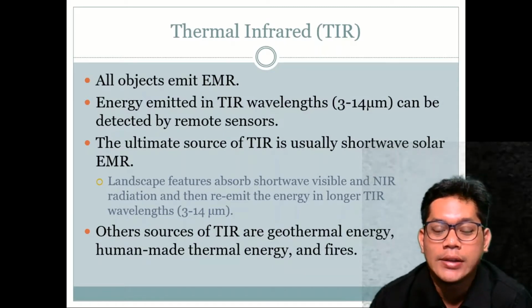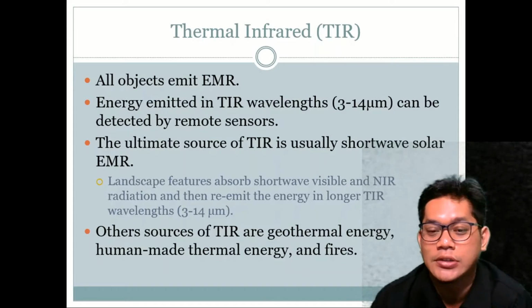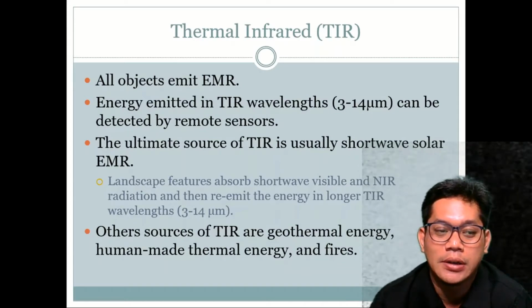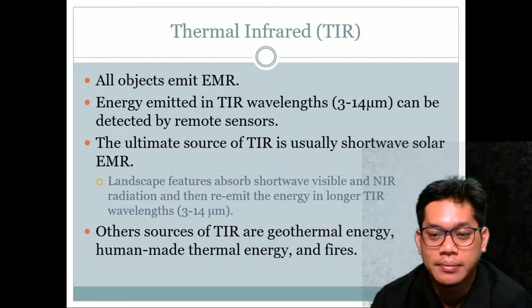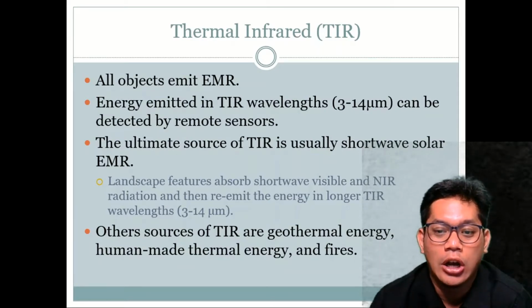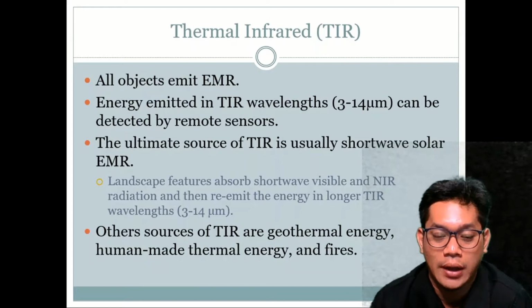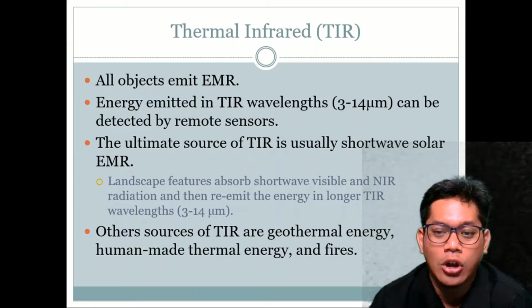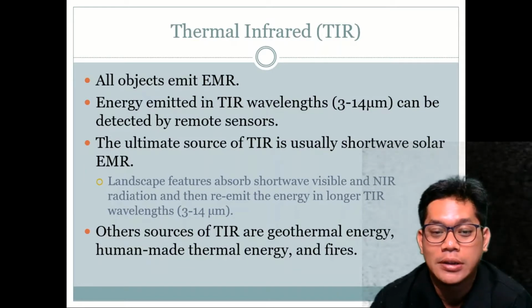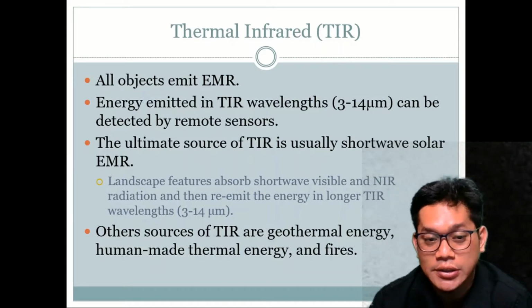The landscape will absorb the shortwave visible and near infrared radiation. After certain energy has been absorbed, the energy will be re-emitted in the longer thermal infrared wavelengths, and these are the ones recorded by the remote sensing sensors.